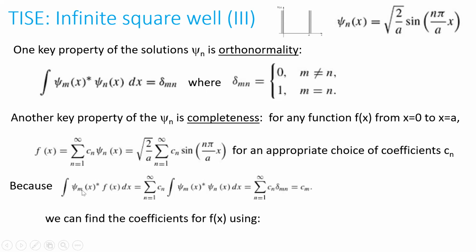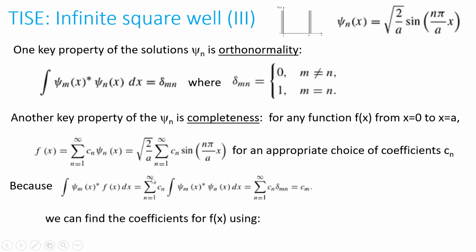Well, we use the orthonormal property, and we notice that if we take the integral of psi m of x, complex conjugate, times f of x, we plug in for f of x as the sum from n equal 1 to infinity of Cn psi n.